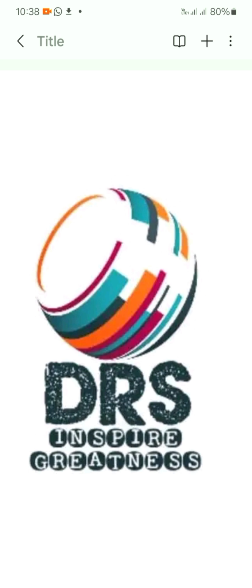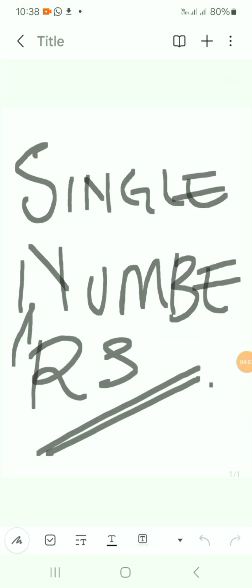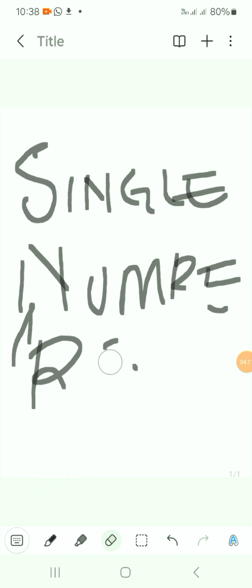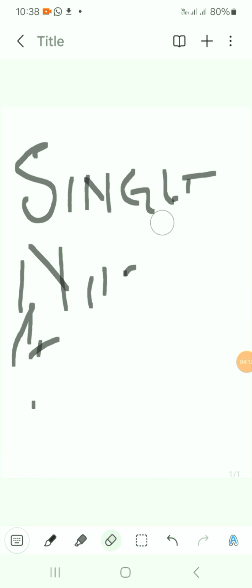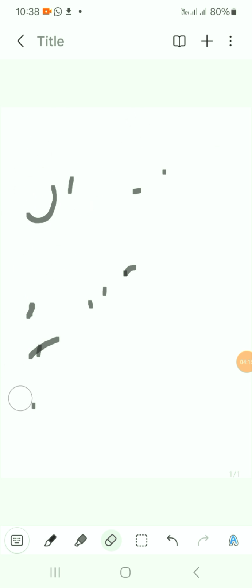Let me see if I can get another clean page. Let me erase this one.